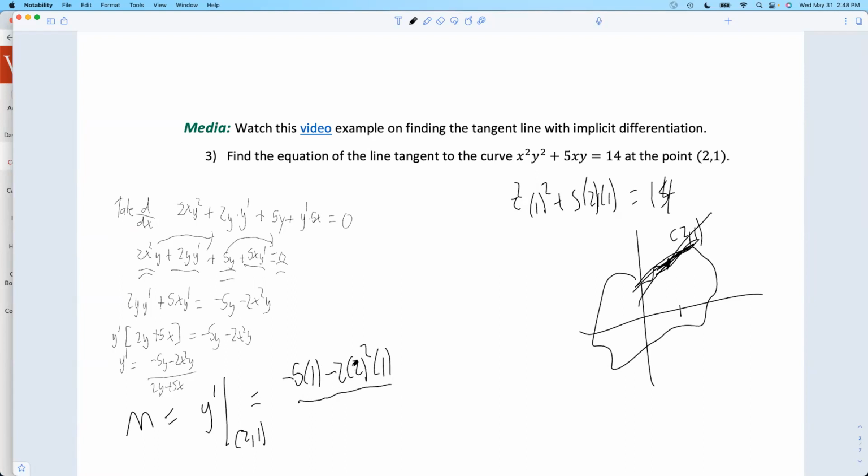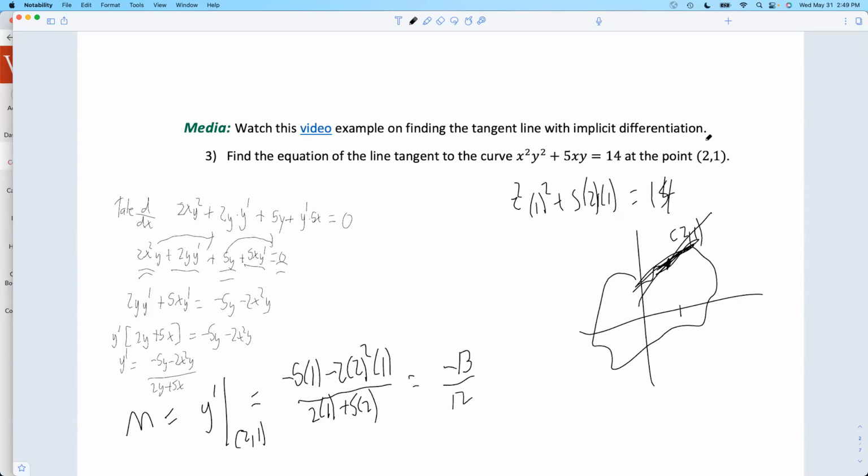I'm plugging in 2 for all the x's, 1 for all the y's. Okay, so what do we get? Negative 5 minus 8, so negative 13. You guys can check my arithmetic. Over 12.